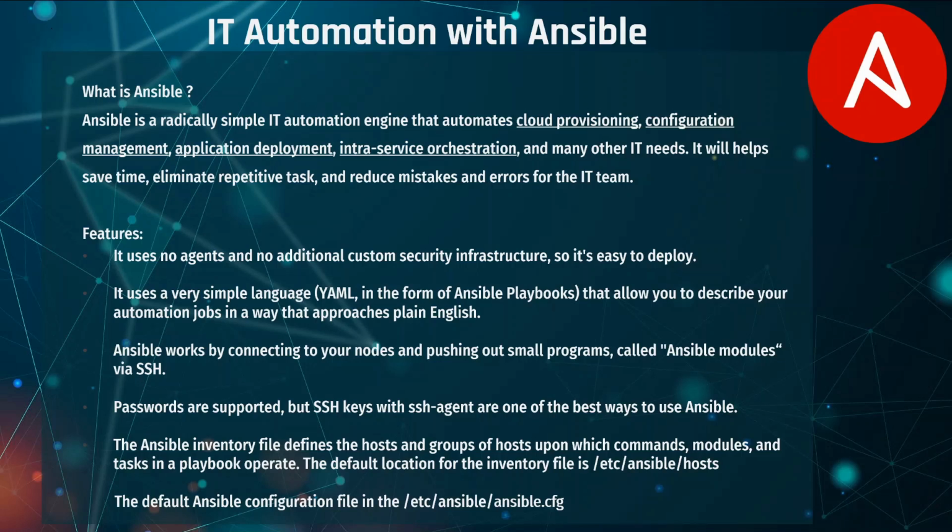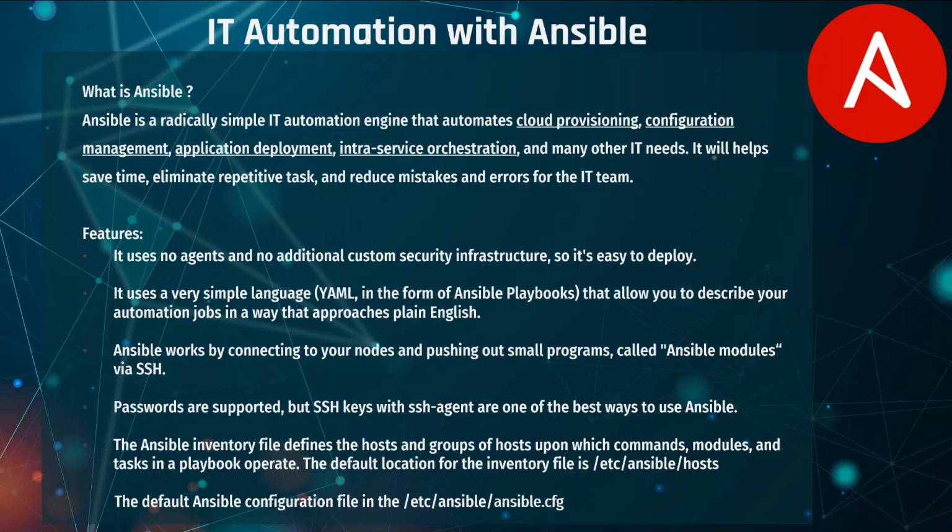The Ansible inventory file defines the host and a group of hosts upon which commands, modules, and tasks in a playbook operate. The default location for the inventory file is /etc/ansible/hosts. In this hosts file, we are going to use a file editor on our CentOS machine, then add our hosts.